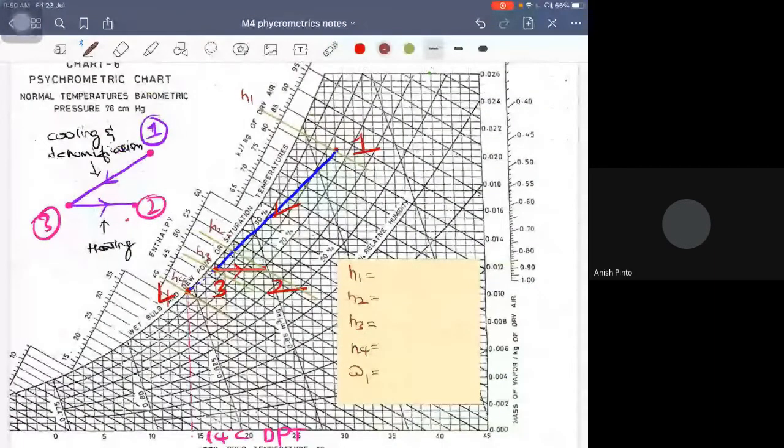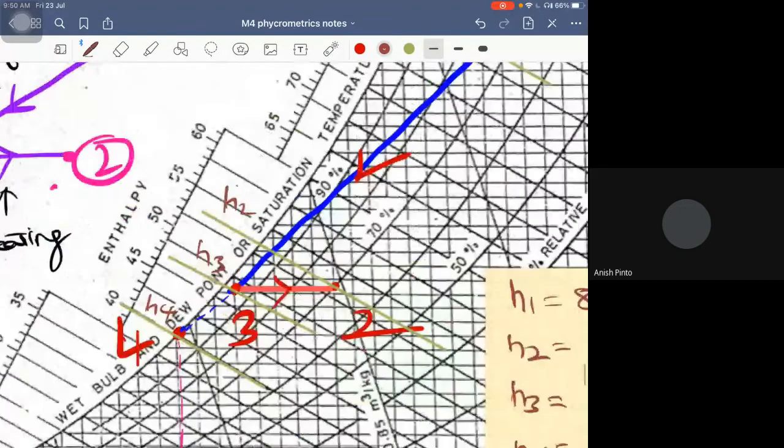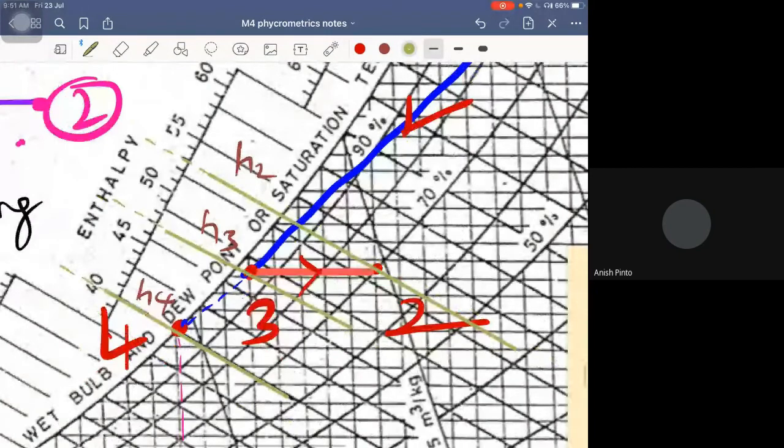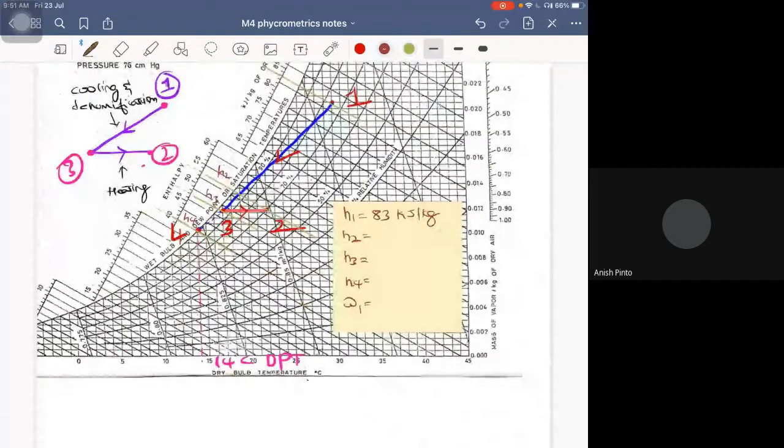Now next, I need the H2 value. What is the value of H2? 53. 53 kilojoules per kg is the value of H2.